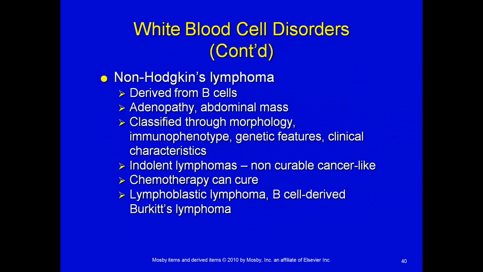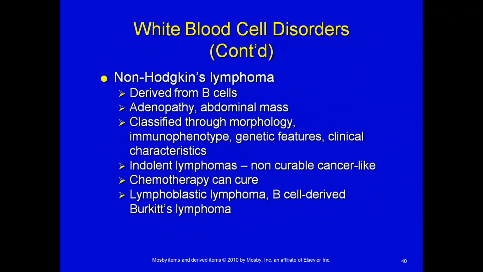Indolent lymphomas is what non-Hodgkin's is. It says that chemotherapy can cure non-Hodgkin's lymphoma, but it's considered an indolent lymphoma. An indolent lymphoma just means that it is non-curable. It's not cancer, but it's cancer-like.